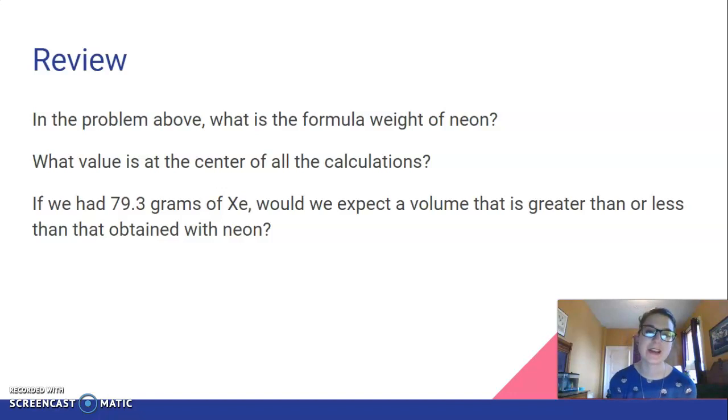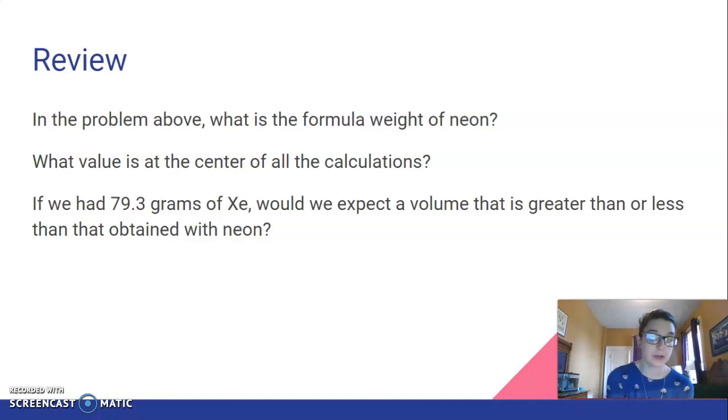And then the next question, if we had 79.3 grams of xenon, that's Xe, would we expect a volume that is greater than or less than that obtained with neon? That's referring again to the question that we just went through. If we instead had 79.3 grams of xenon, would it have the same volume, a greater volume, or a smaller volume than the answer we got in the previous problem, which is 88.0 liters?